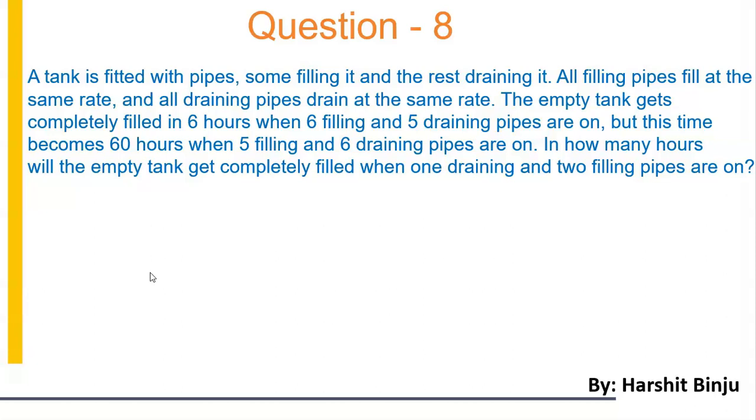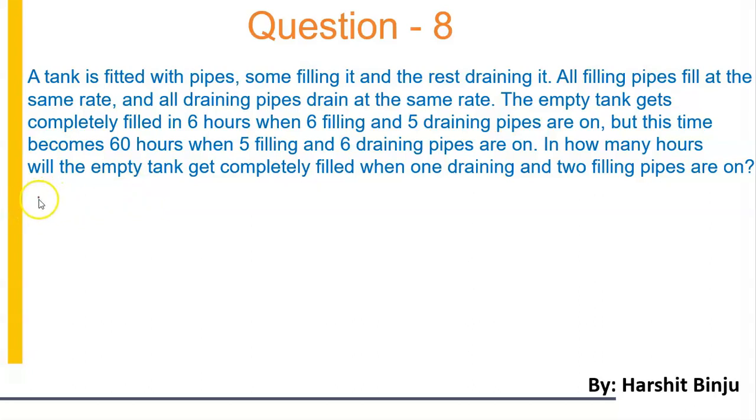All right, let's try this one. A tank is fitted with pipes, some filling it and the rest draining it. All filling pipes fill at the same rate and all draining pipes drain at the same rate.